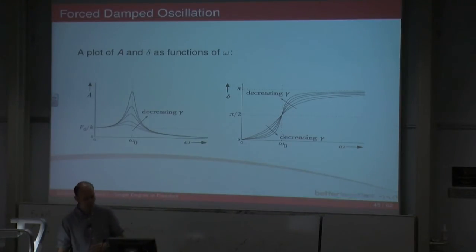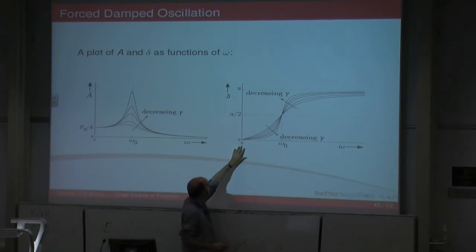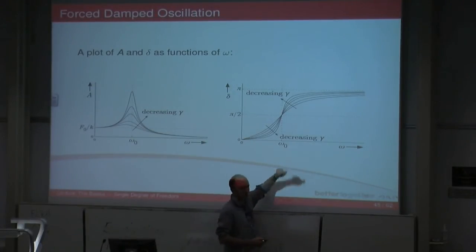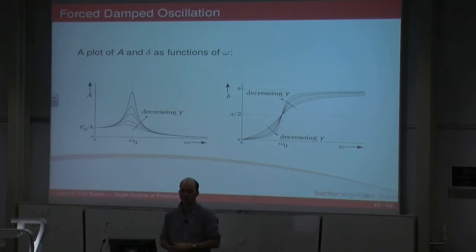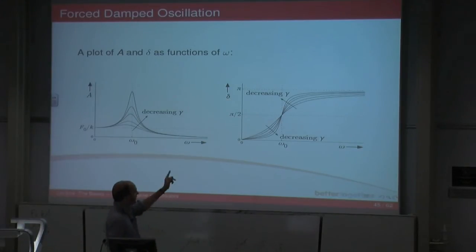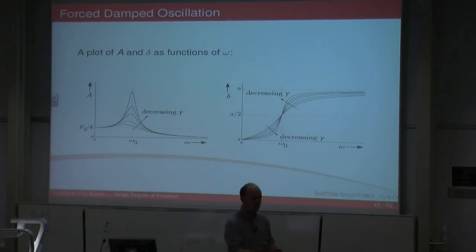And you can see with the delta, at 0 frequency, we've got 0 in terms of phase lag. As you get up to the omega naught, we're 90 degrees out of phase. And then as you approach infinity, that phase will approach 180 degrees, or pi, which is 180 degrees out of phase.